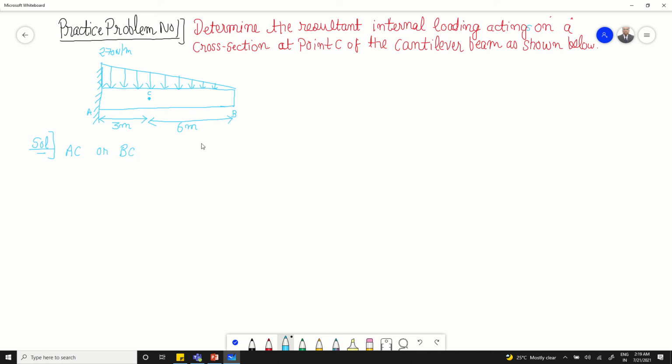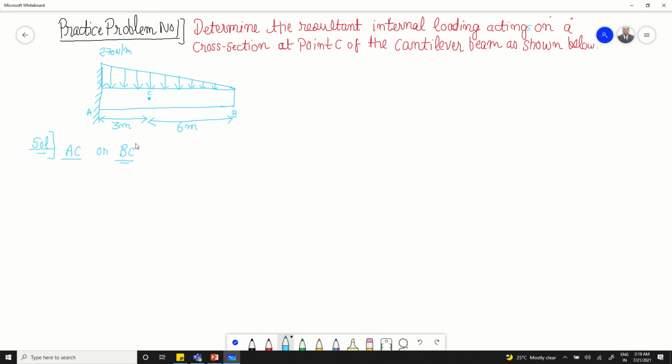If you take section AC, you have to estimate two reaction forces here, one horizontal reaction force and another vertical reaction force. Whereas for BC, you don't have to find any reaction forces. So whichever you find easy, you can opt for.